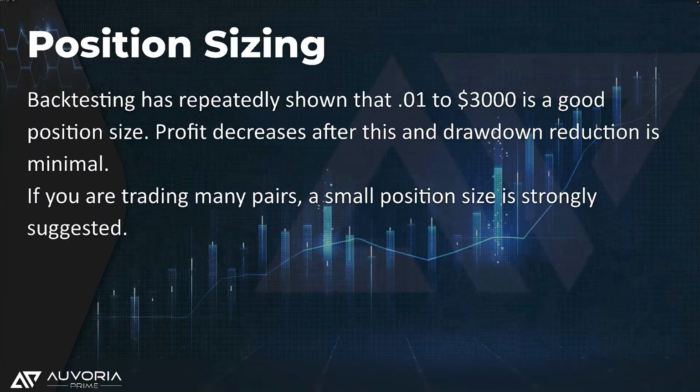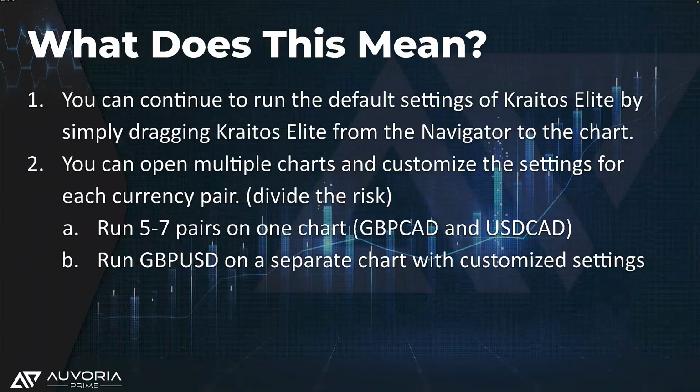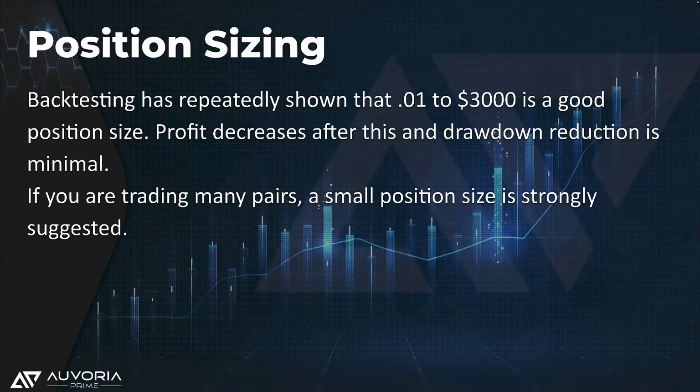What we've discovered is that profit decreases when you do go up to, say, 0.01 to 4,000, but drawdown reduction is actually minimal. It seems like it's a diminishing point of return. Now, clearly, if you continue to go up, 0.01 to 5,000 or 10,000, the drawdown is going to be even less. But we did find that 3,000 is a point that seems to be a sweet spot.